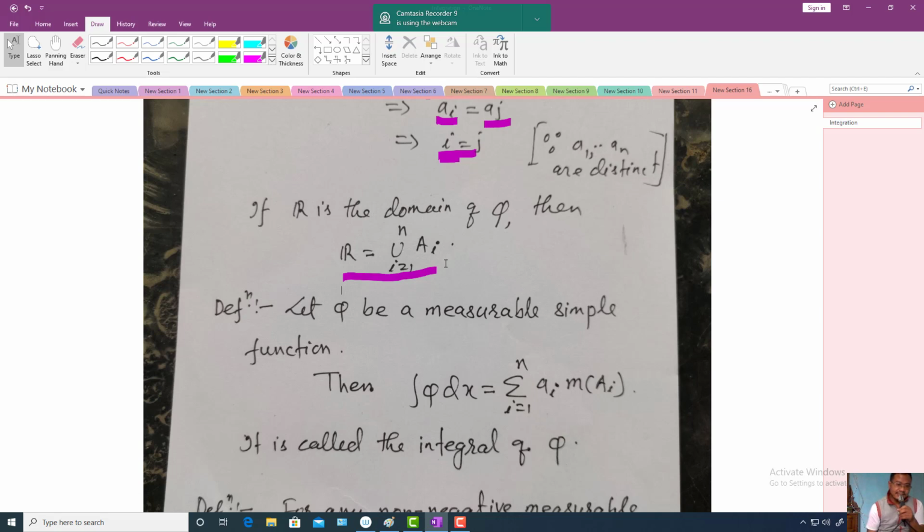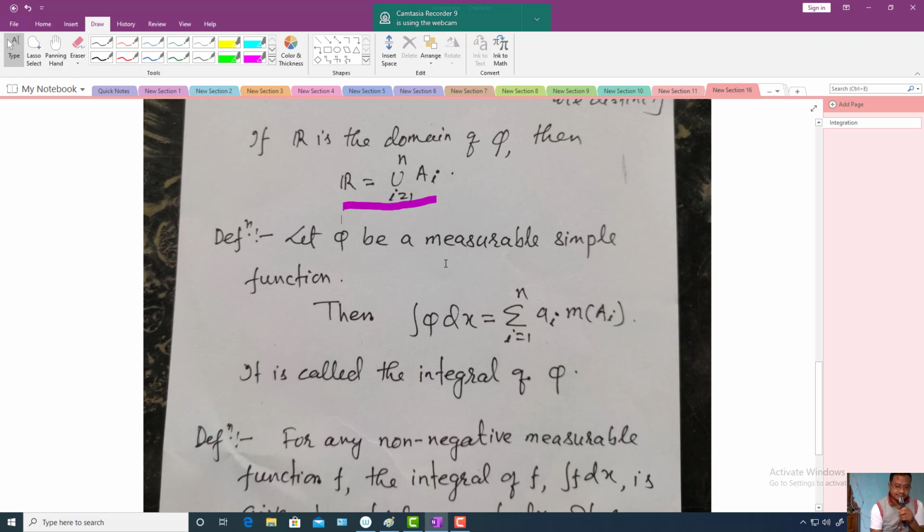Then the integration of phi dx. Let phi be a simple measurable function, then the integration of phi dx is equal to this one. Let us see how it comes. Since the Ai's are measurable, the measures of Ai are defined.